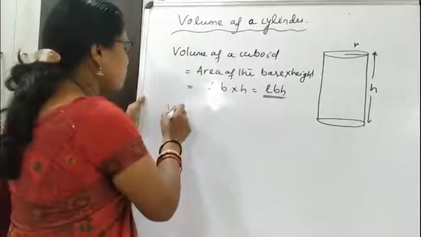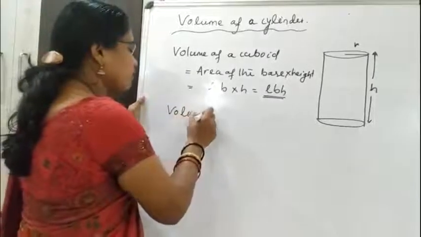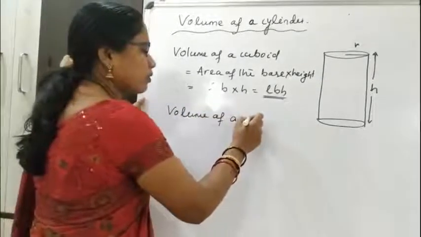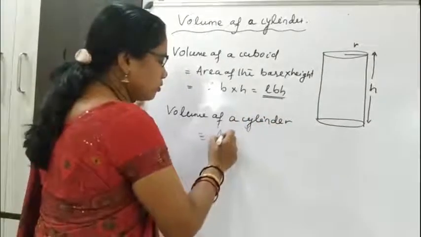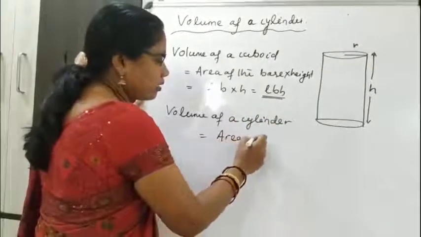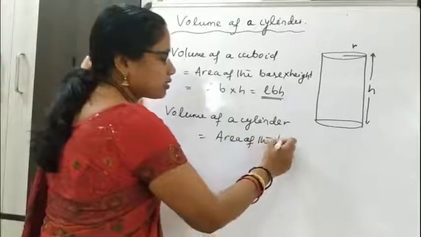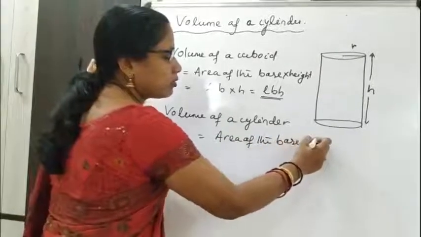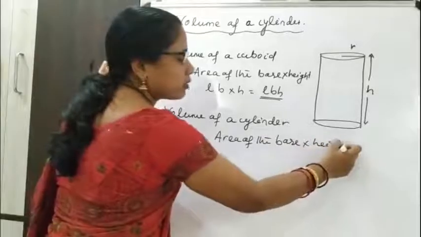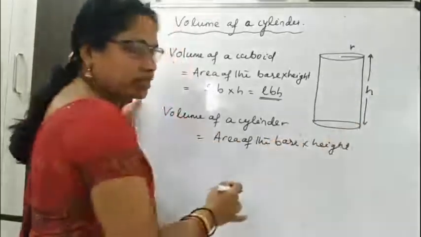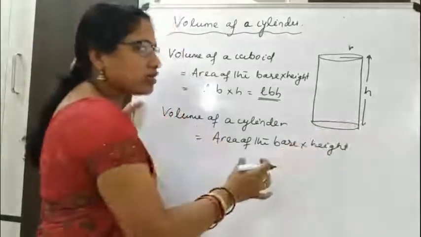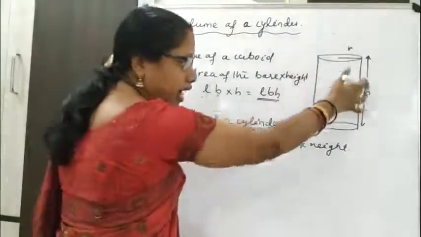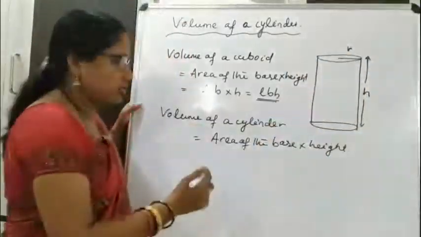So volume of a cylinder is equal to area of the base times height. Here in this cylinder we have taken the base having radius r unit and the height of the cylinder is h unit.